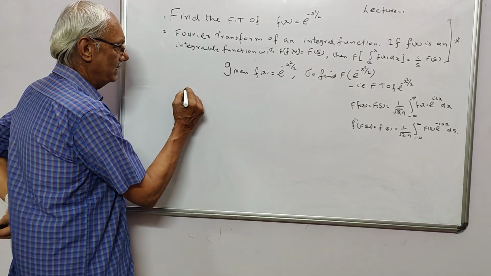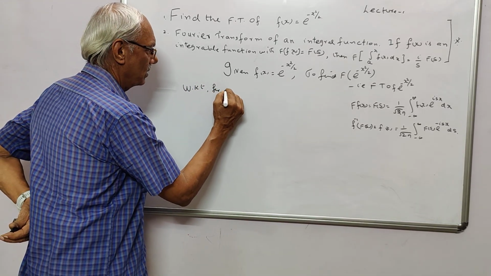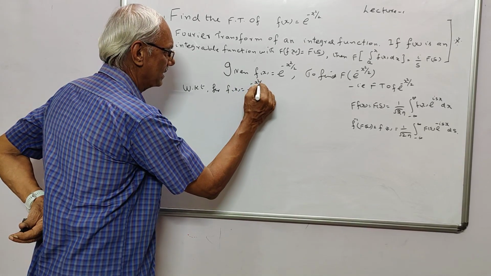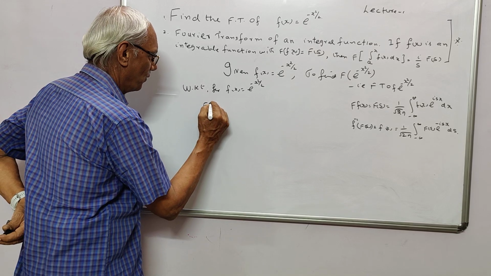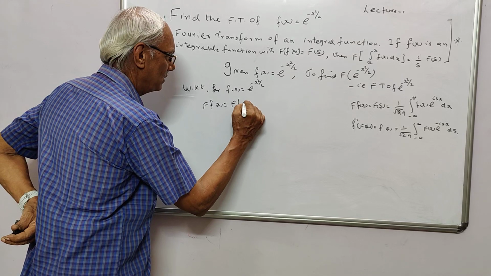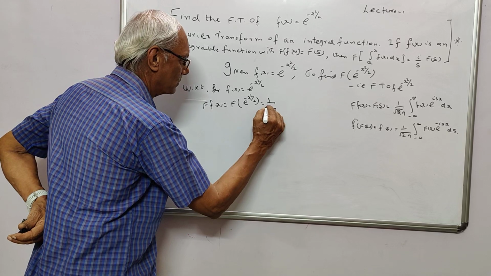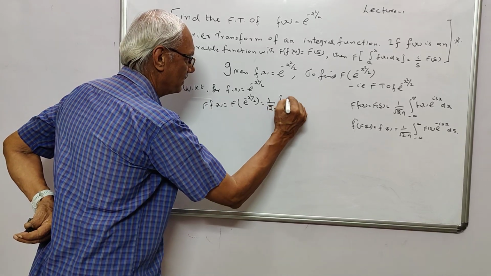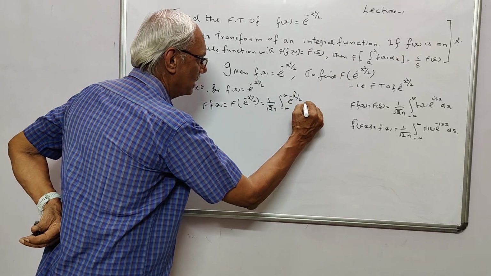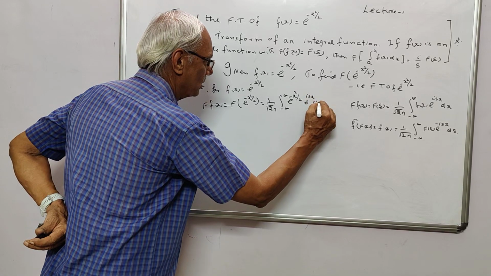We know that for f of x is equal to e to the power of minus x squared by 2, F of x, which is equal to F of e to the power of minus x squared by 2, is equal to 1 by square root of 2 pi, integral from minus infinity to plus infinity of e to the power of minus x squared by 2 into e to the power of isx into dx.